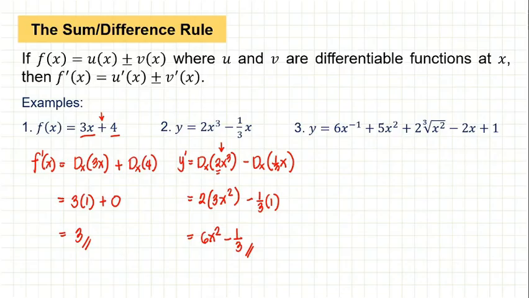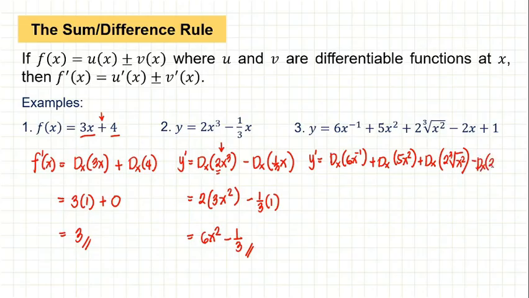Okay? So, that is, we will now have y prime is equal to the derivative of 6x to the negative 1 plus the derivative of 5x squared plus the derivative of 2 cube root of x squared minus the derivative of 2x, then plus the derivative of 1.